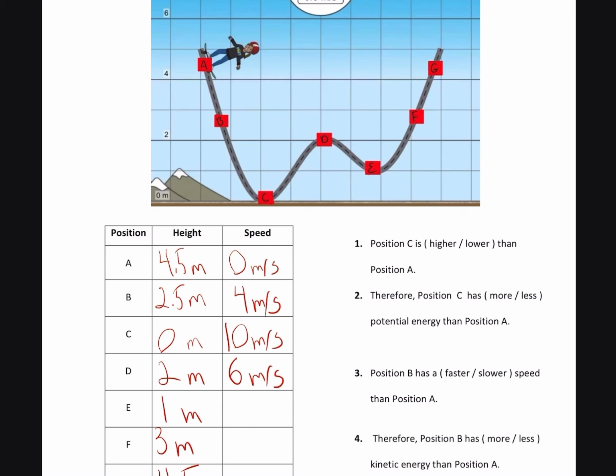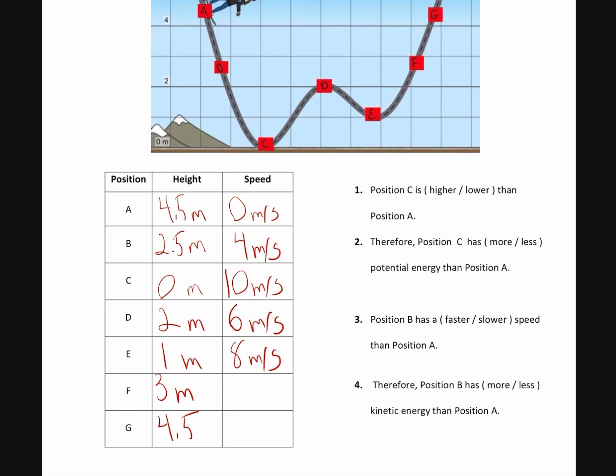At E, she's going to be at 8 meters per second. And then when she goes up to F, she's going to be at 4 meters per second. And by the time she gets all the way back to G, she's going to be at 0 meters per second.